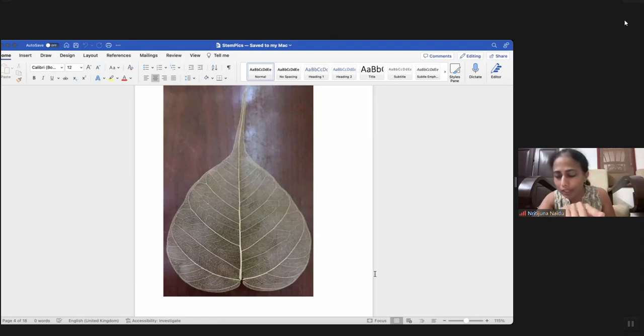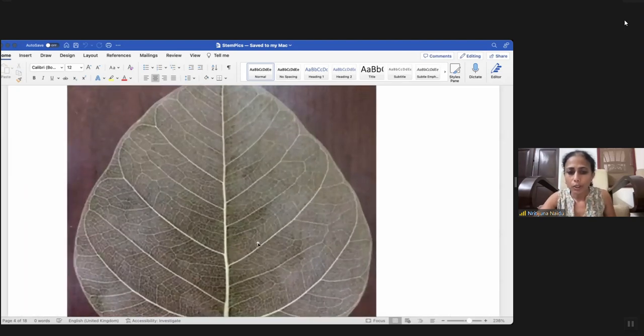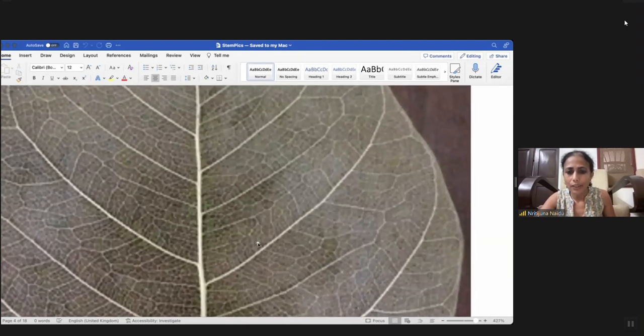When water gets into the leaves from the stem, it is transported through these veins. These veins are there throughout the leaf, and that's how every part of the leaf is getting the water. And that is how the colored water also got into the plant.